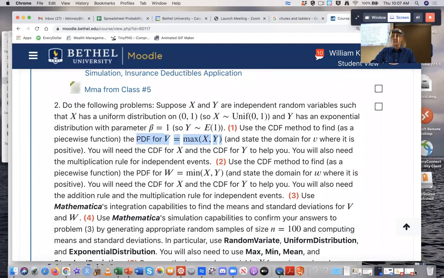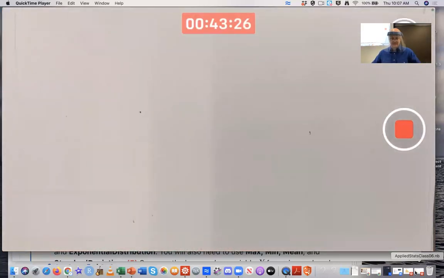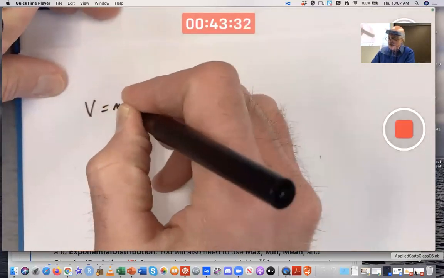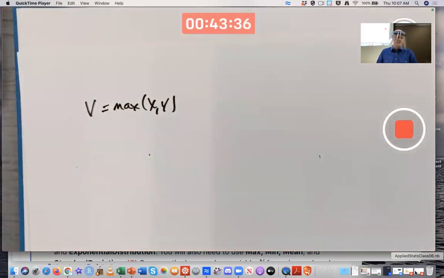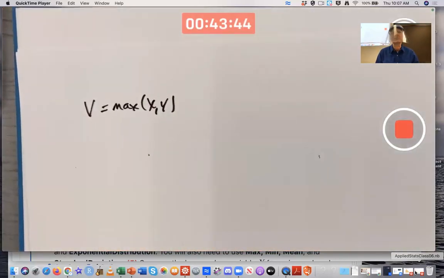Let's look by hand first. V is the maximum of x and y. That's the transformation. The derivative formula from chapter 4 would not work here. It would not be helpful.